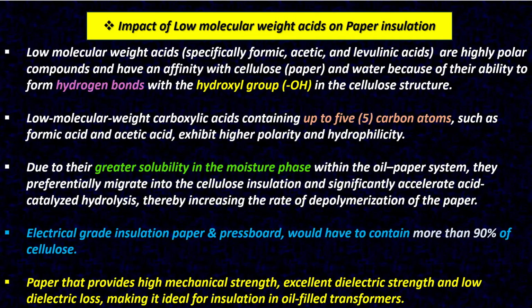Electrical grade insulation paper and pressboard contain more than 90% cellulose. Paper provides high mechanical strength, excellent dielectric strength, and low dielectric loss, making it ideal for insulation in oil-filled transformers.